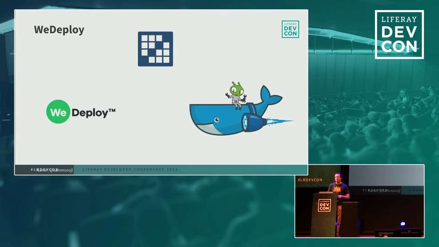So around the same time that we were looking to do this, WeDeploy was gaining momentum. We thought, well, if we're all about trying our own stuff, let's try WeDeploy. So we started testing Liferay on WeDeploy to see what requirements WeDeploy would need to properly host a Liferay instance.